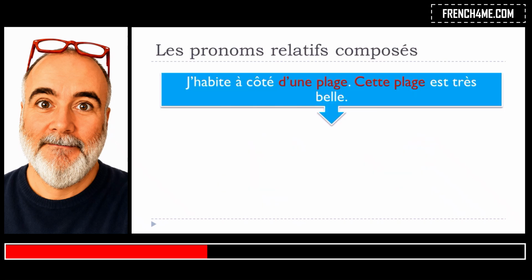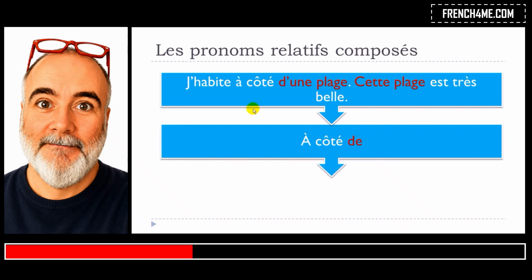An example here, same situation, we've got two sentences. The first one, j'habite à côté d'une plage, and the second one, cette plage est très belle. As we had previously, we want to make only one sentence. We don't want to repeat this plage, une plage or cette plage. We can see that it's quite interesting because we've got à côté, but then it's de. So it's right here, à côté de.